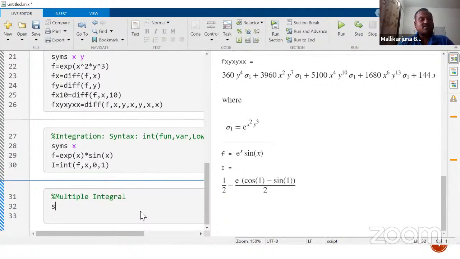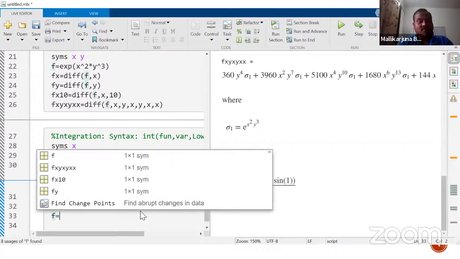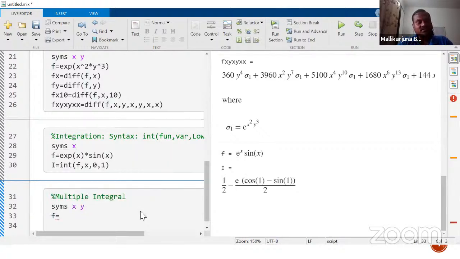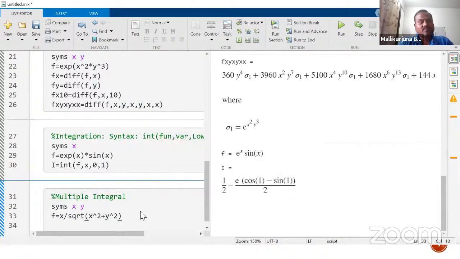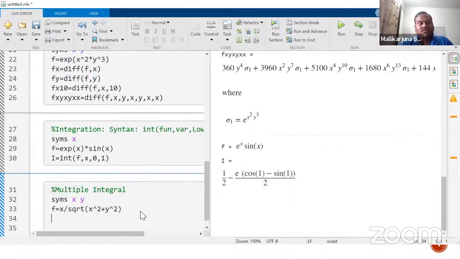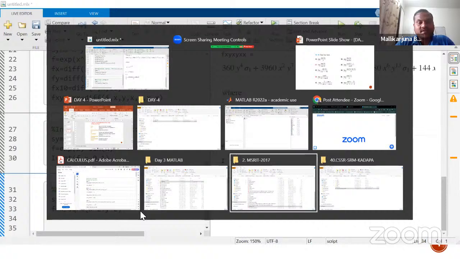That means we define the two variables. Now the function is equal to, just take anything, x by square root of x square plus y square. Let me just check the problem. I think I have some.